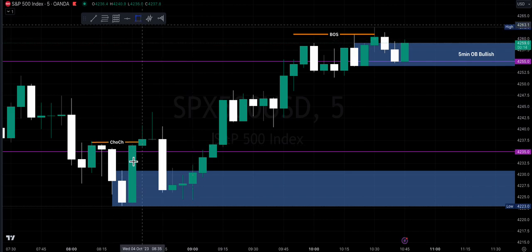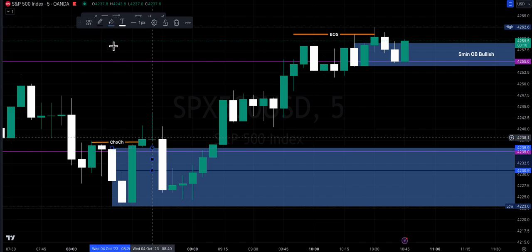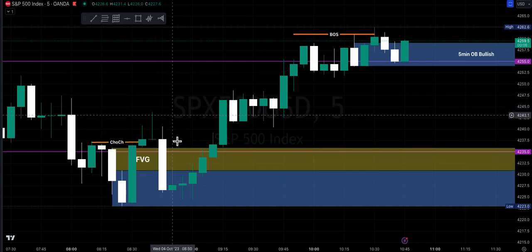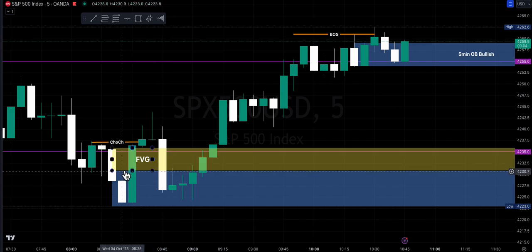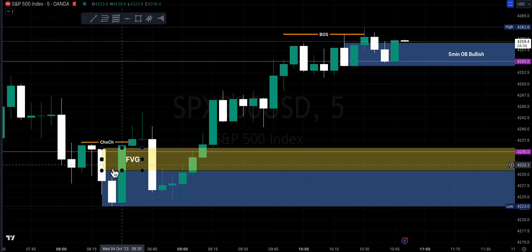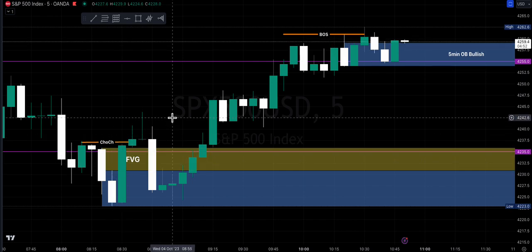But at the same time, when we had this big candle, that's an imbalance, or a fair value gap. It is the zone from this first candle to a third candle. So the difference between this wick and this wick is a fair value gap. A fair value gap is established around 3 candles, basically.